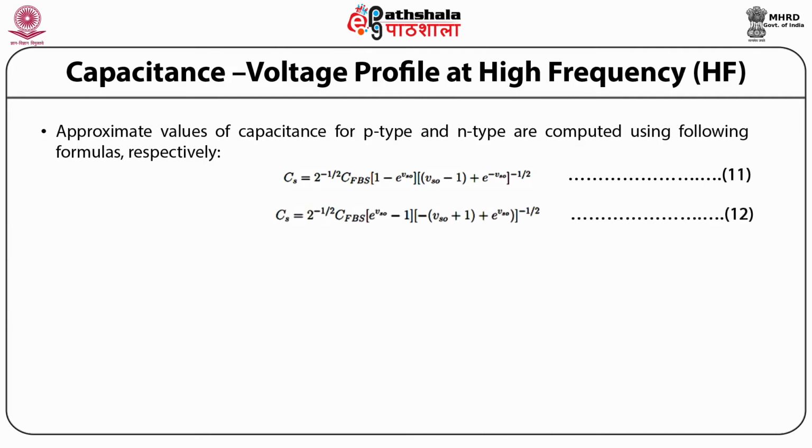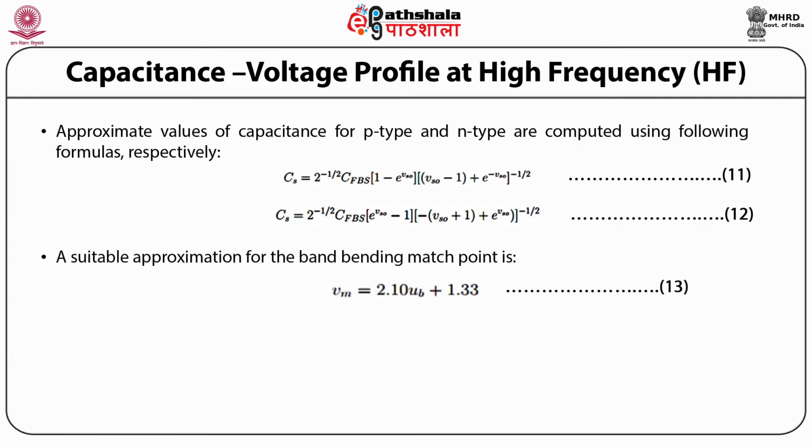Cs can be simplified to be 1 by square root of 2 CFBS into, within the brackets, e raised to power VSO minus 1 into, within the brackets, minus of VSO minus 1 plus e raised to power VSO, brackets close, raised to power minus 1 by 2. A suitable approximation for the band bending match point is Vm is equal to 2.10 UB plus 1.33.